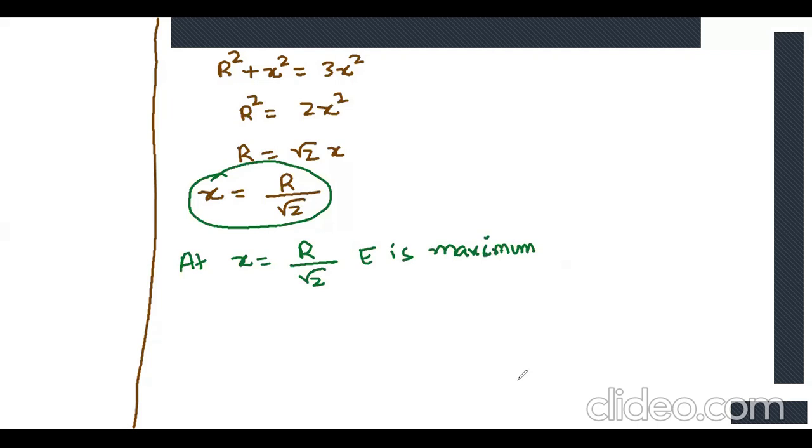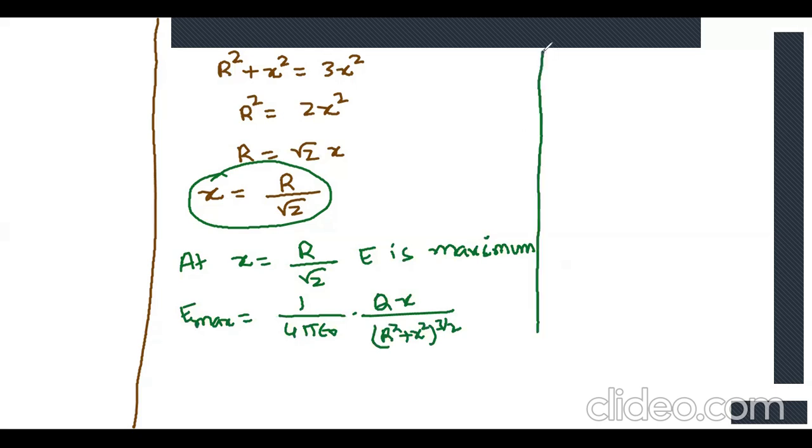Electric field is maximum. So the maximum electric field we are finding. That is 1 by 4 pi epsilon naught, formula it is capital Q into x by (r square plus x square) whole power 3 by 2. Instead of x, I am substituting r by root 2.